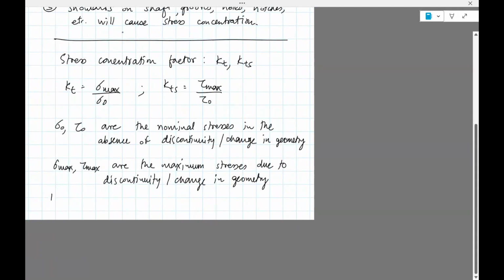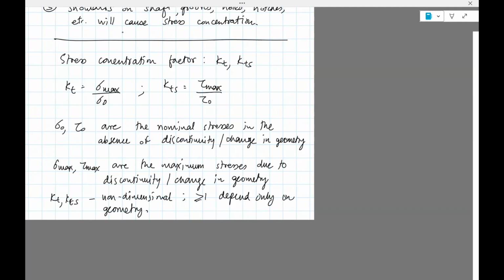And then KT and KTS are the non-dimensional numbers, and they are greater than 1, much greater than 1 actually, and these only depend on geometry. They do not depend on the material.